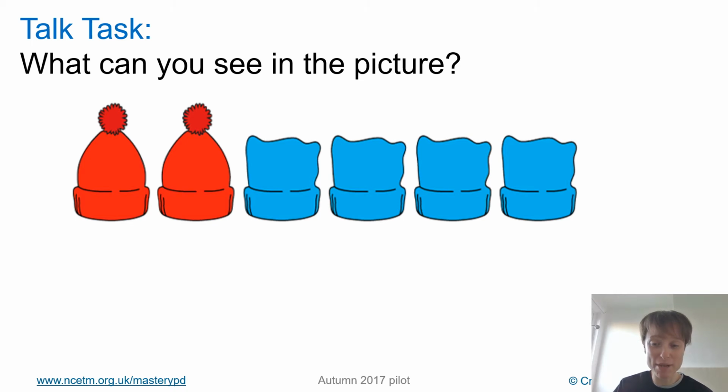Let's see if you're right. So I'm going to say the sentence first, and then I would like you to repeat it. There are 2 red hats and 4 blue hats. Your turn.